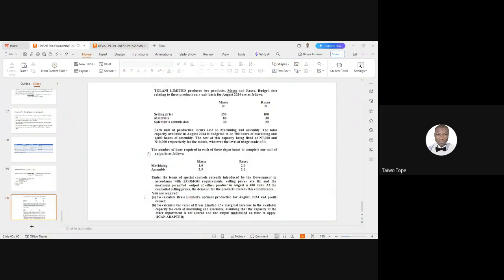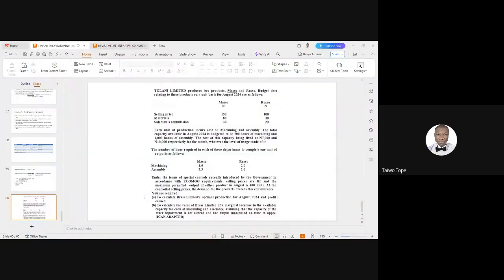The cost of this is a fixed cost now, 7,000 naira and 10,000 naira for the month. So irrespective of whatever the level of usage is.